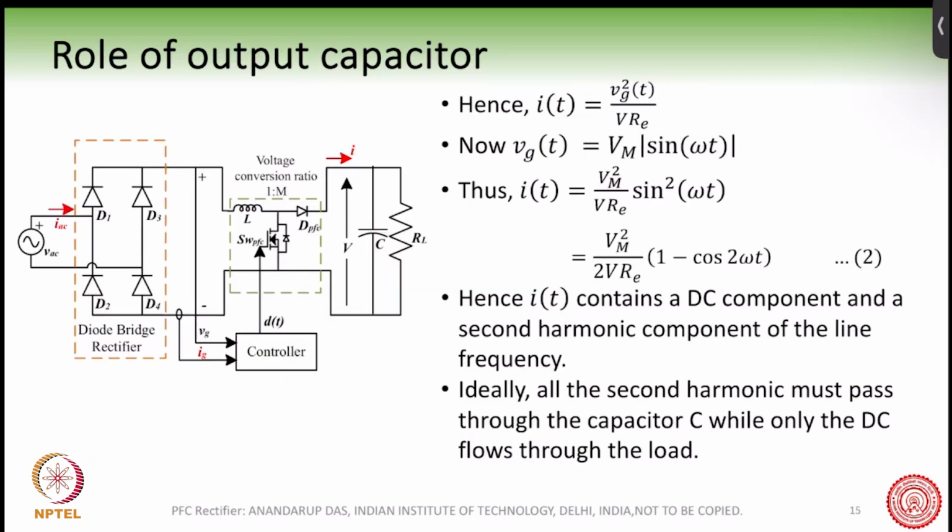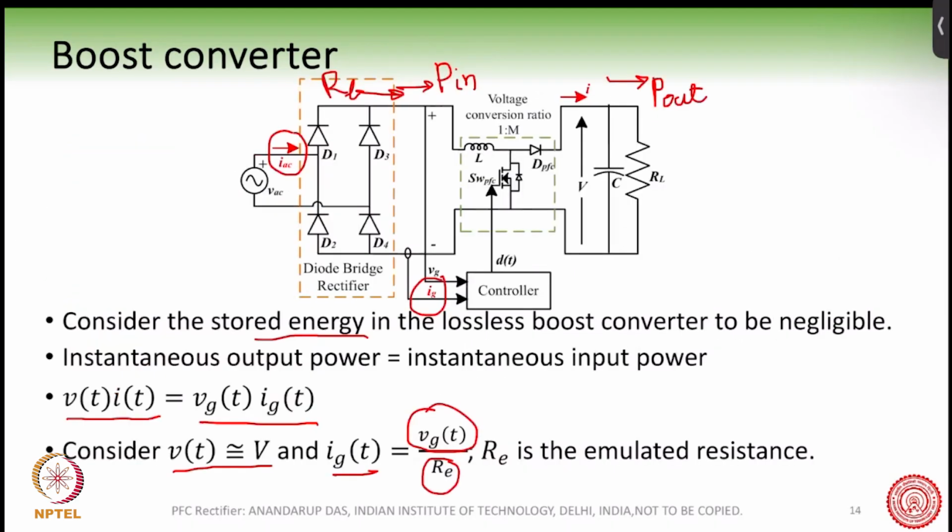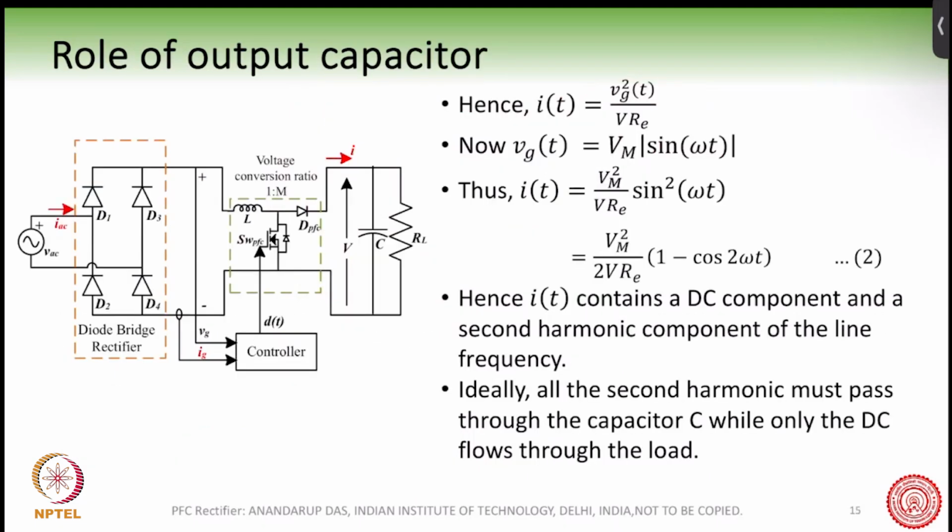Now, let us see what are the input and output currents. Here IGT is VGT by RE, and so we substitute in this equation of VT into IT equal to VGT into IGT, and then we get an expression of IT, this current here.